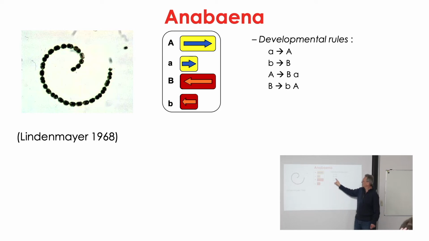This is the role of these 2 other rules, to tell how this works in terms of division. So a capital A, a cell that is big, will divide and become a capital B plus a small a. And vice versa, capital B becomes a small b, capital A.